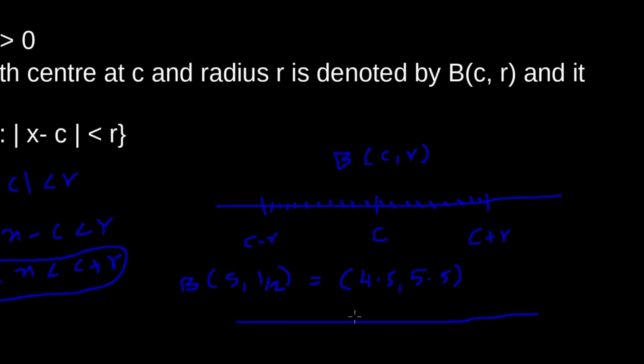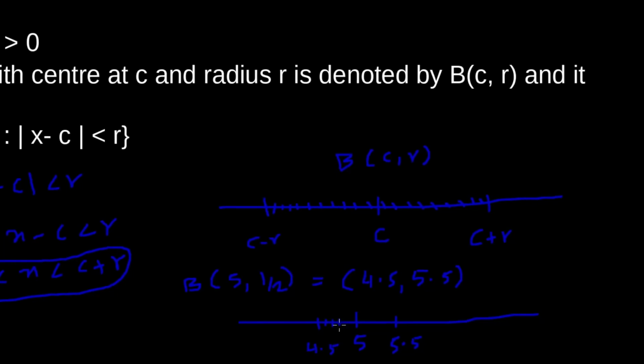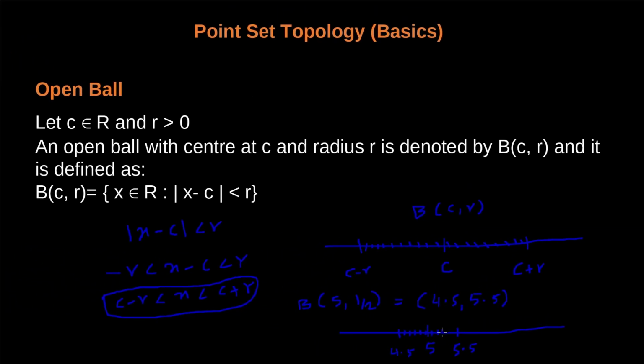So all the real numbers between 4.5 and 5.5 represent this ball B(5, 1/2). I hope this gives you a clear picture of an open ball.